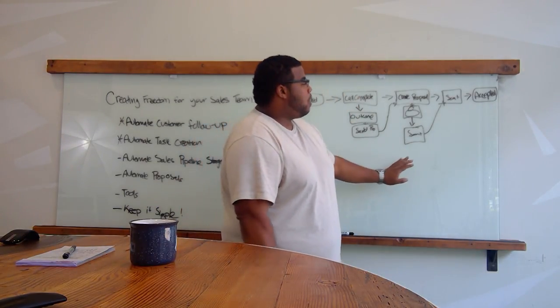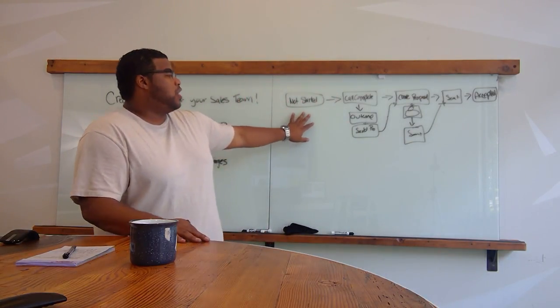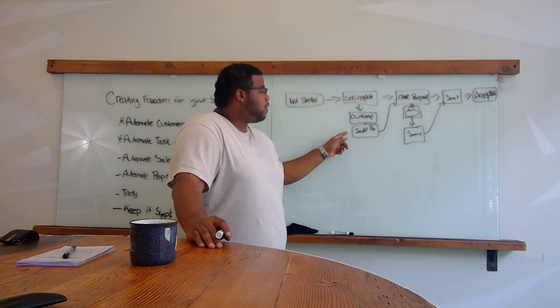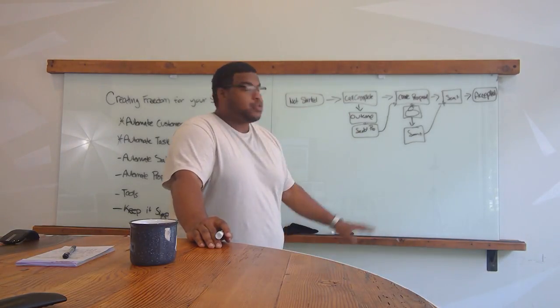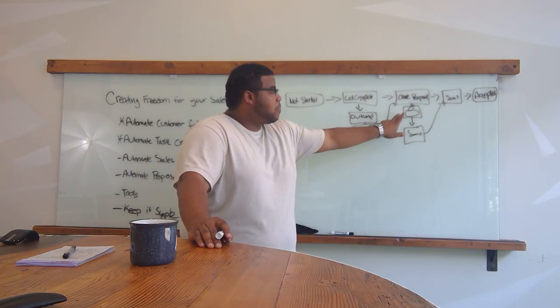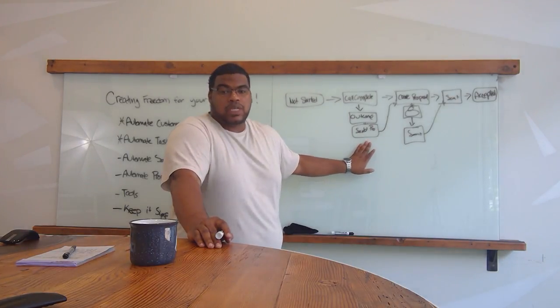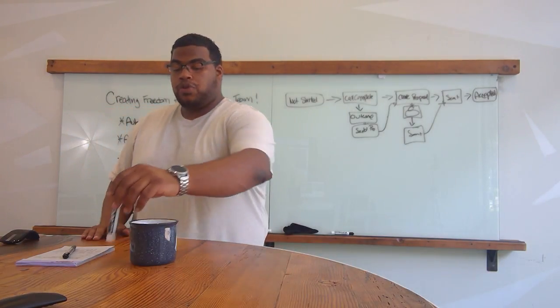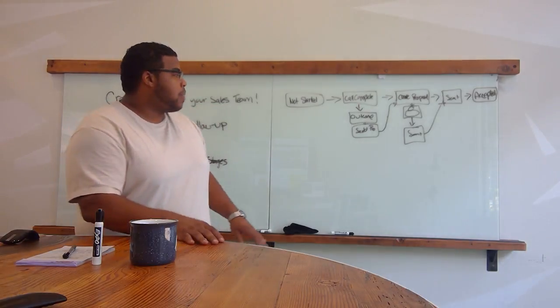Now, where the real automation starts to come into place is the communication here, right? So at this point, you've done the call, you've put that the outcome is send. So maybe based off of this, you want to assign a person, create a task, but over here, you also want to email the customer and say, hey, it was great having a conversation with you. I'm really excited about the future, working with you on your business and about blah, blah, blah, whatever, fill in the blanks of what you talked about in that meeting, right?